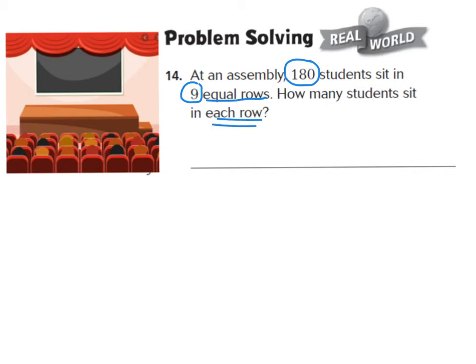So we know this is division because we have keywords, equal rows, that's our keyword for division, and each row. So they're wanting us to divide the 180 students into 9 equal groups. So our problem will look like this. 180 divided by 9. Go ahead and solve that one on your own and check back with me for the answer.